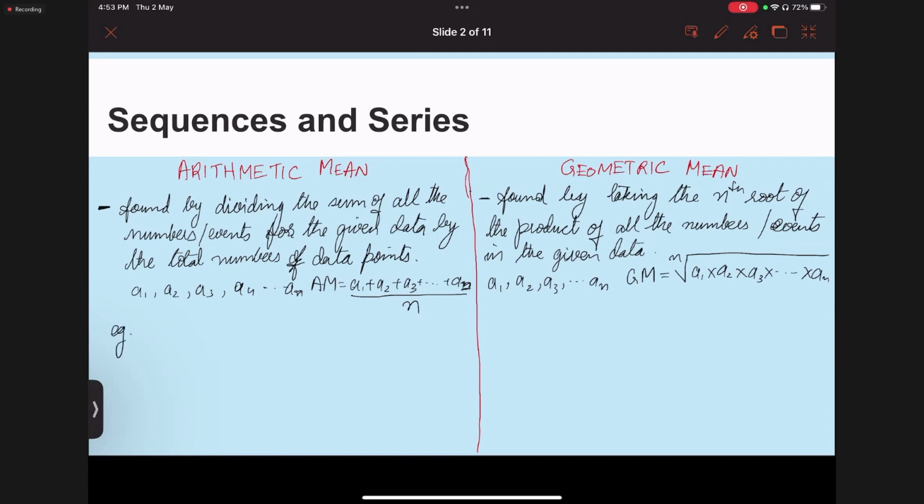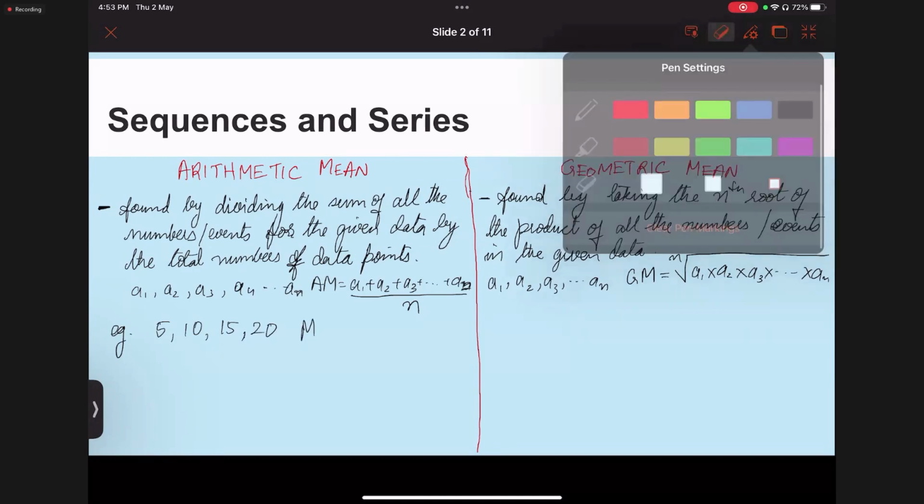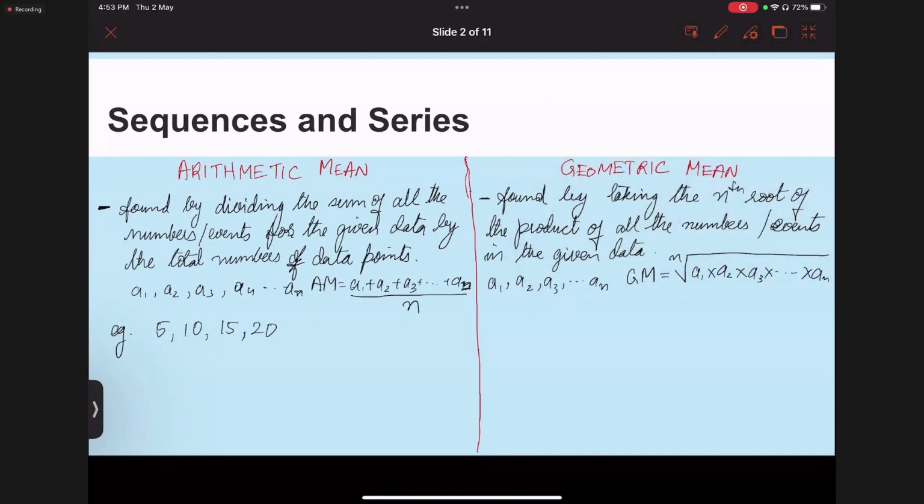Example: we have 5, 10, 15, 20, and we have to find its arithmetic mean. The arithmetic mean will be given as 5 plus 10 plus 15 plus 20 by 4.